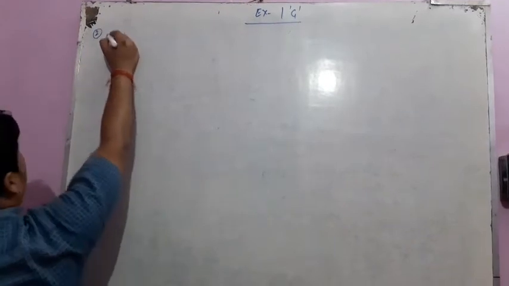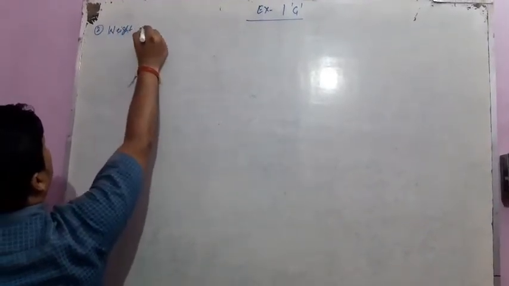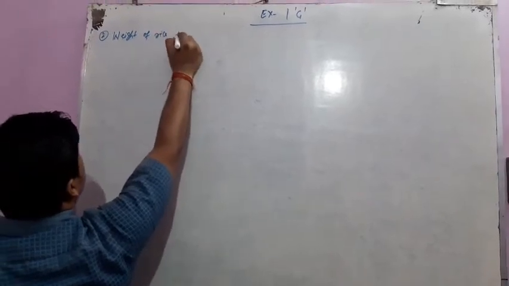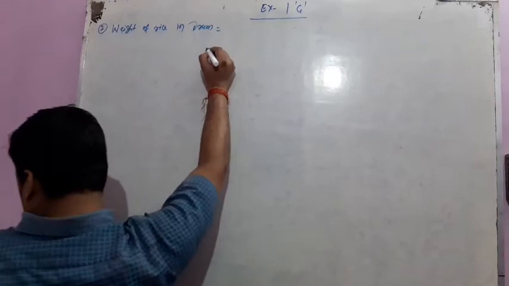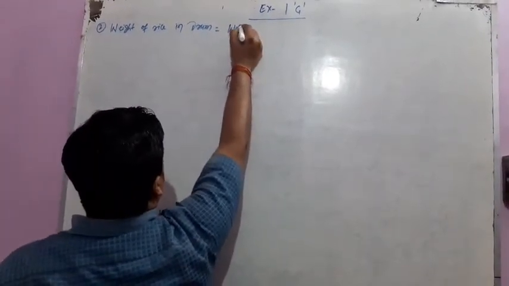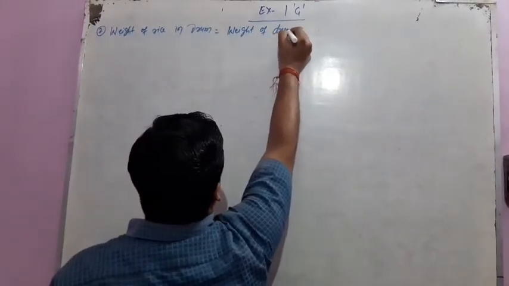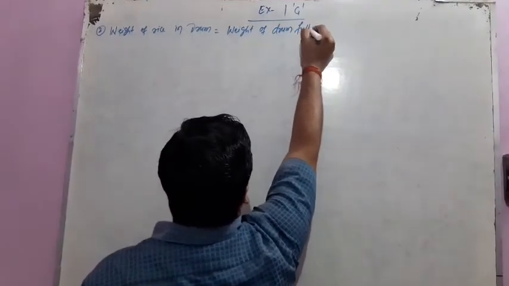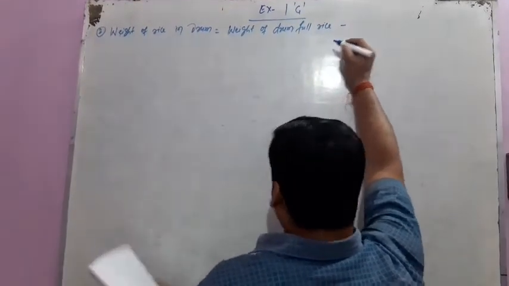So the weight of rice in drum is equal to weight of drum full rice minus weight of empty drum.